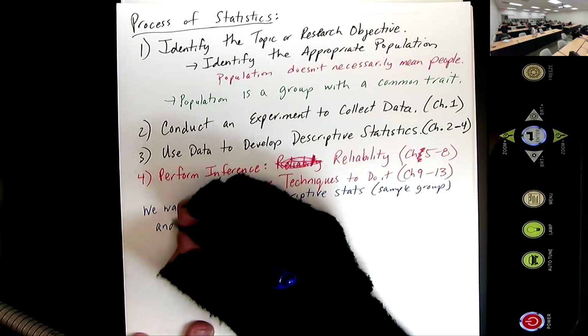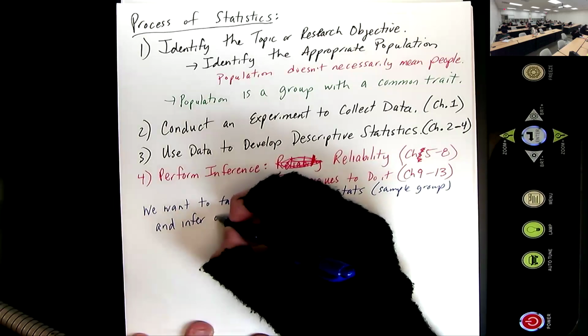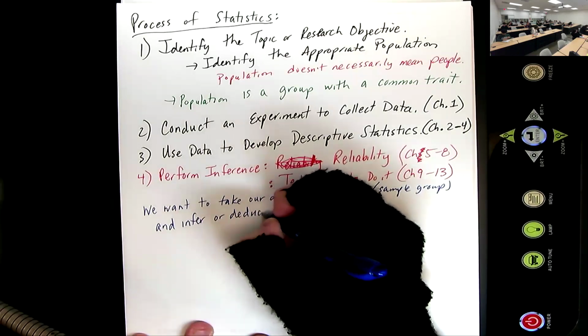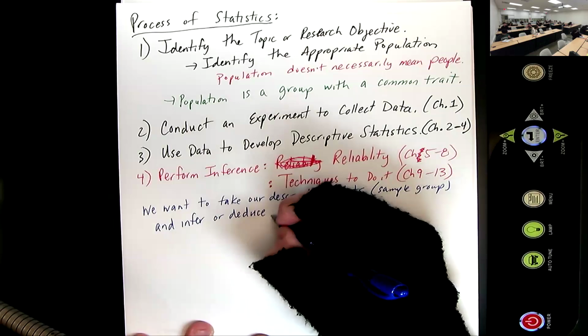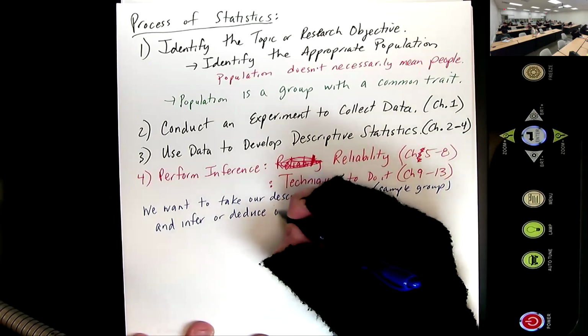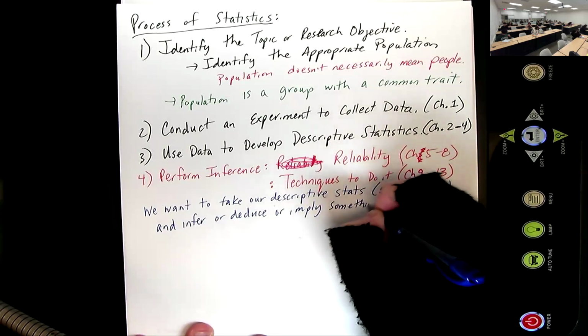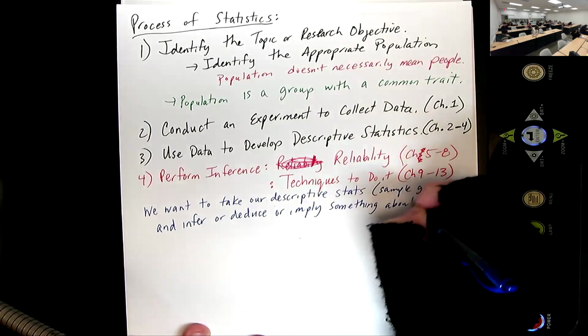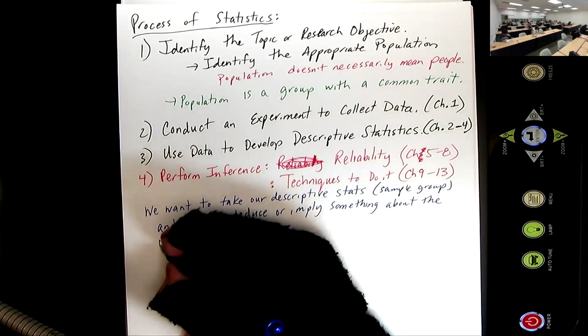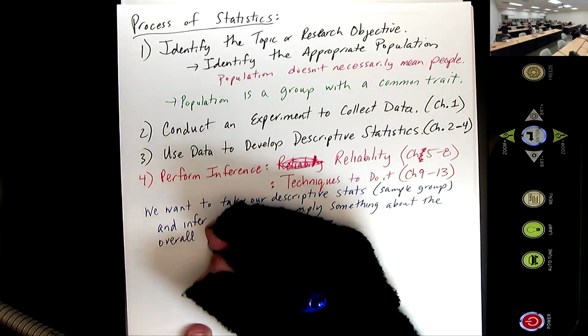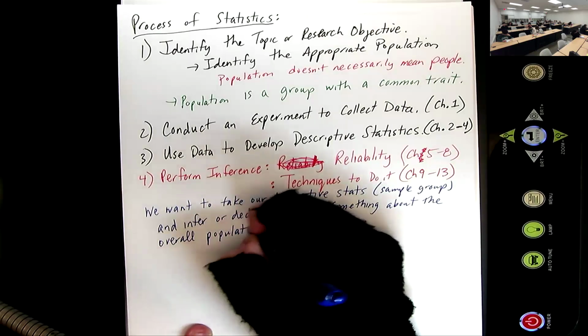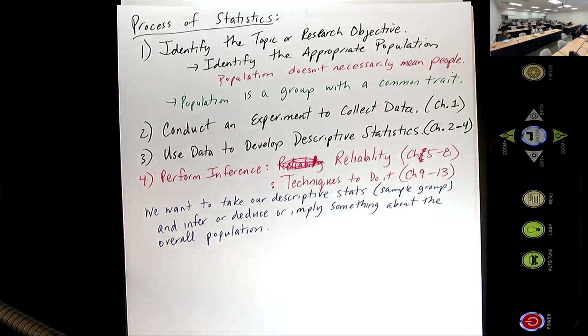And infer or deduce or imply something about the overall population. That's called performing inference, when we take the information about the part and we try to apply it to the whole. They do this all the time with the elections.